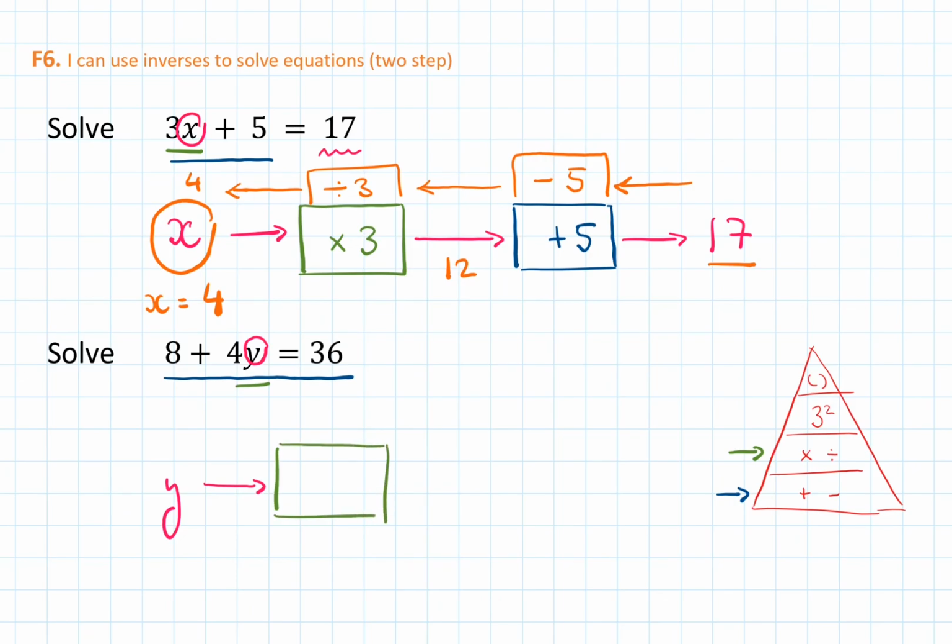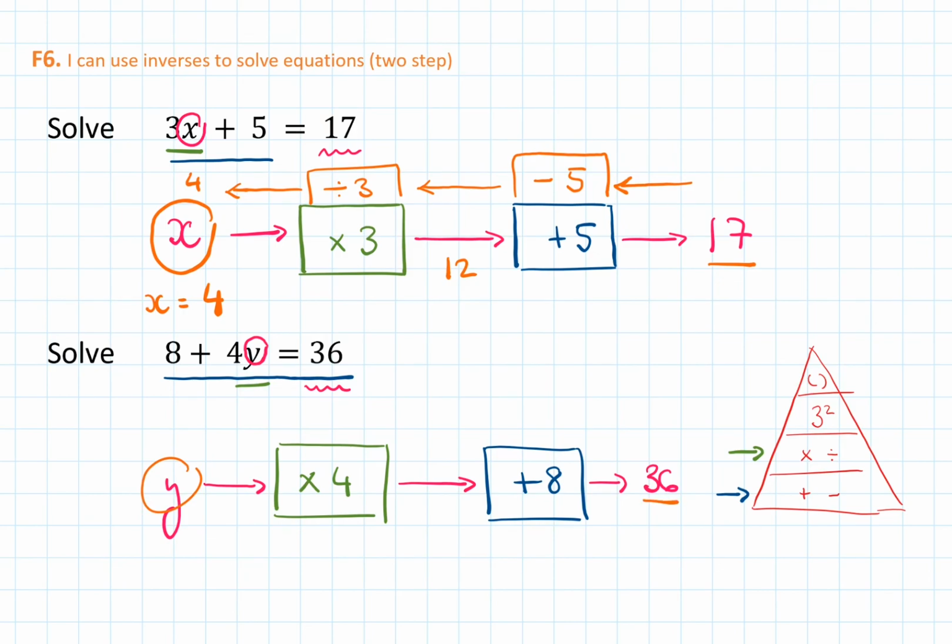So the first function is multiply by 4. The result of this will be 4y. We then take that and add 8 to it. After this, the output of the function machine is the right-hand side of our equation, which is 36. As we did before, we can work backwards to find the value of the variable y.